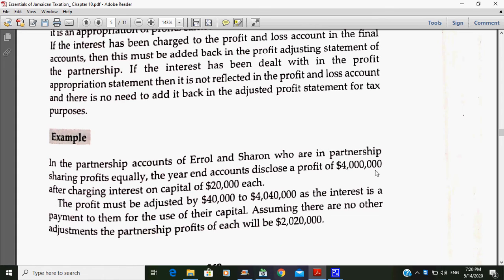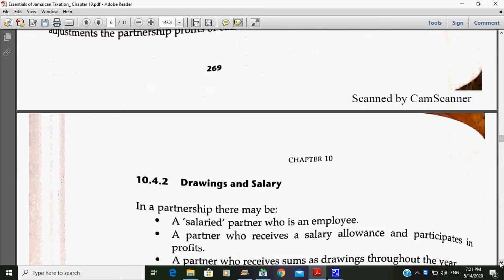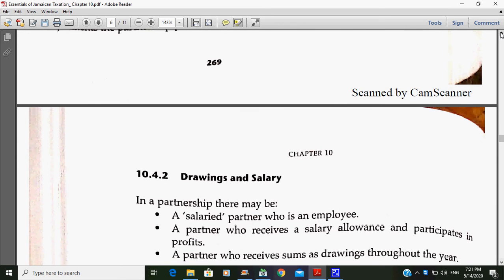The profit must be adjusted by 40,000 because it's 20,000 each, to 4,040,000, as the interest is a payment to them for the use of their capital. Assuming there are no other adjustments, the partnership profits of each will be 2,020,000. Hope you understand a little better what I said a while ago.